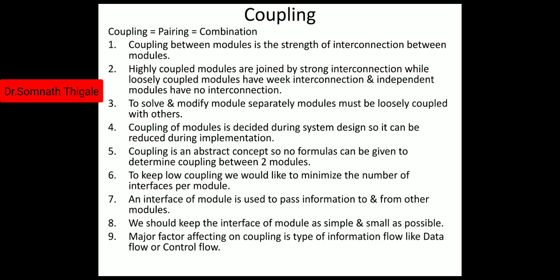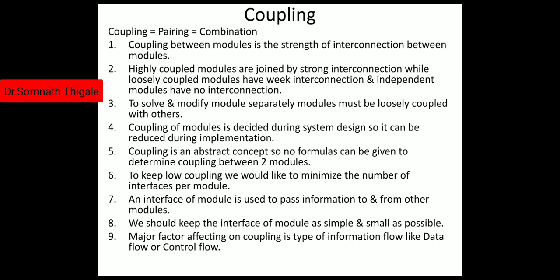To solve and modify modules separately, modules must be loosely coupled with each other. It means try to have as little coupling as possible. Whatever the strength you have, try to reduce the strength of coupling between the modules, and it would be decided during system design so that it can be reduced during implementation.